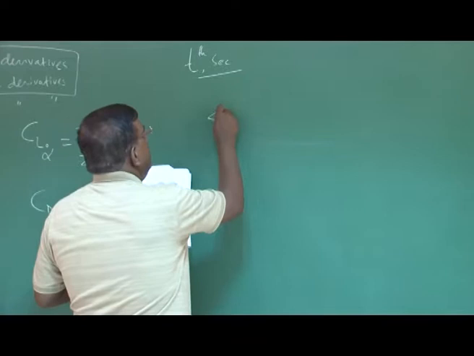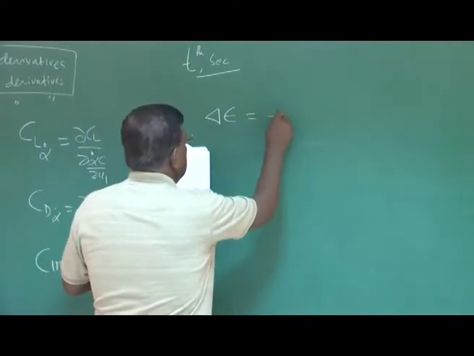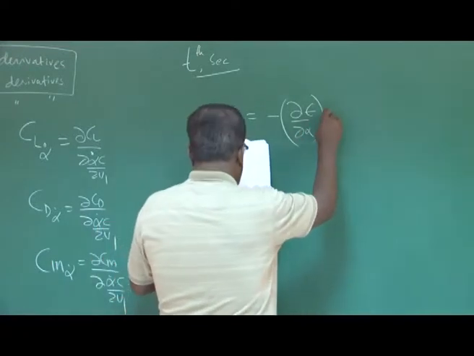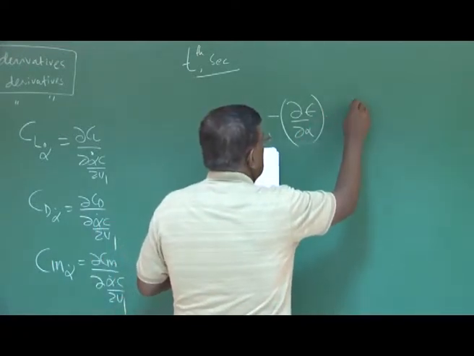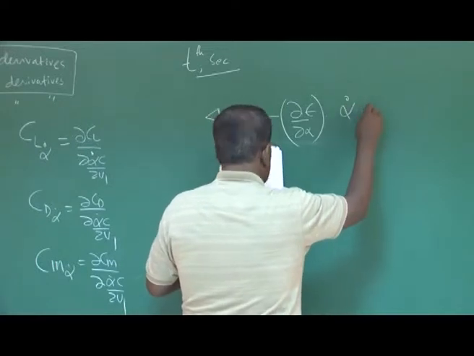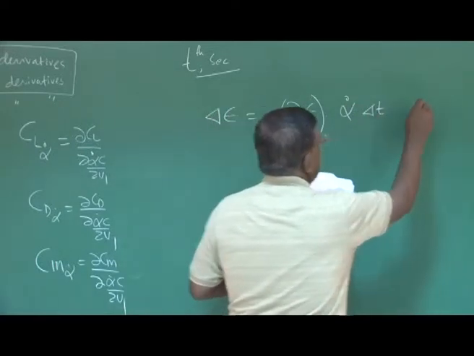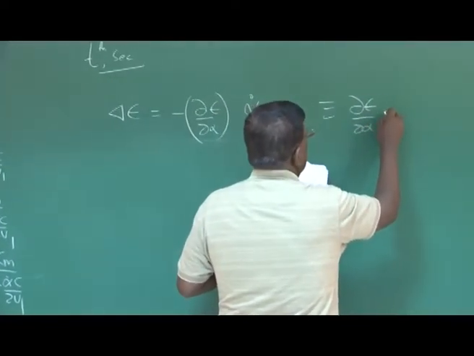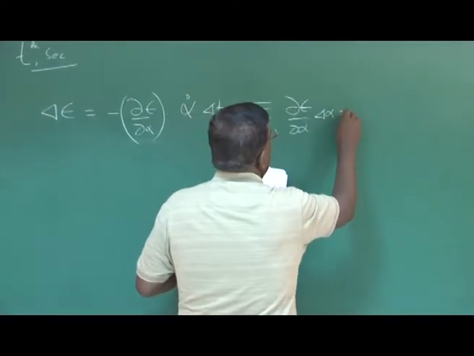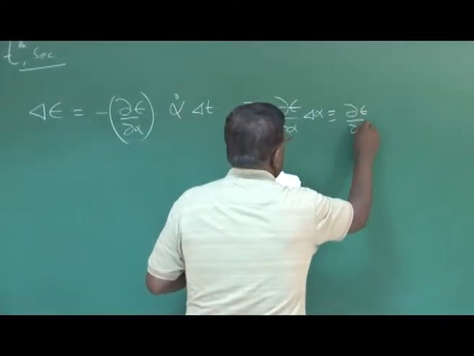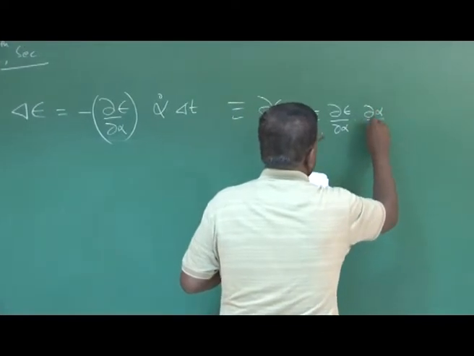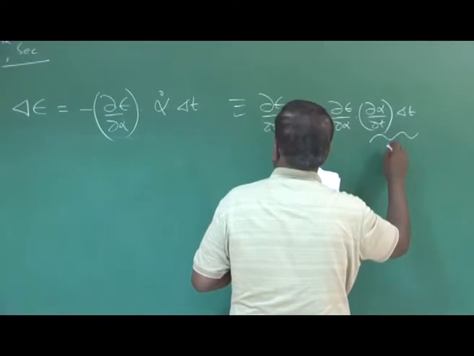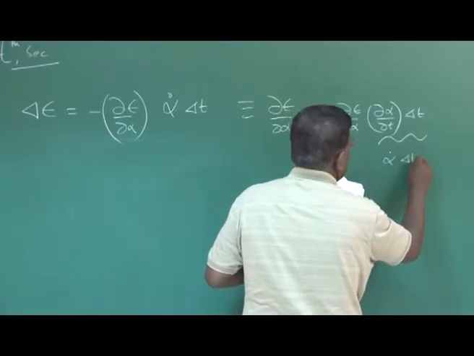If I try to know what delta epsilon is, I can write it as minus d epsilon by d alpha into alpha dot into delta t. If you see this carefully, this is d epsilon by d alpha into delta alpha, which I am writing as d epsilon by d alpha into d alpha by dt into delta t, and this is nothing but alpha dot delta t.